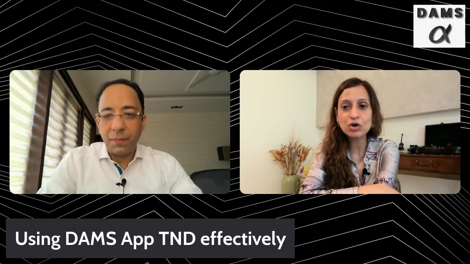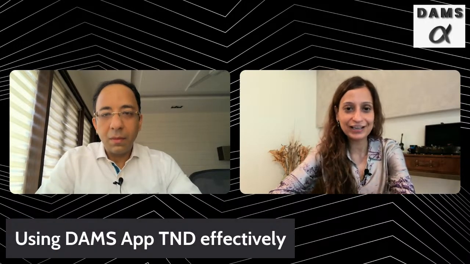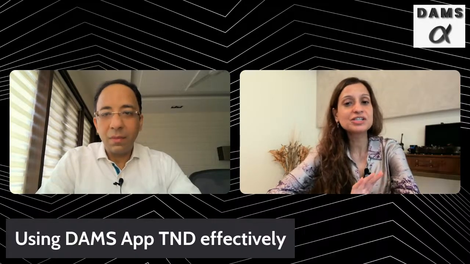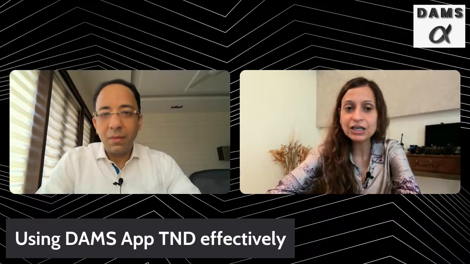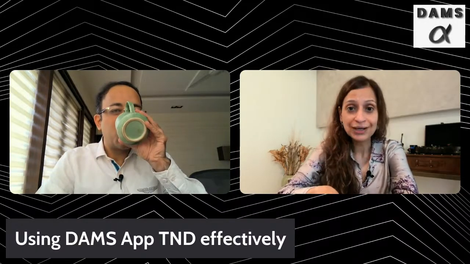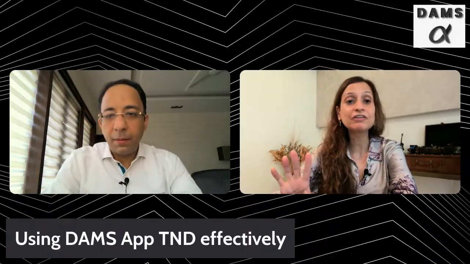Acha, there is a constant query and there is a reason why I was not addressing it, but I will. Somebody is saying, ma'am, please give a 3-month plan for November INI. Now listen to me. The TND cycle is a 6-month cycle. Okay? So if we give you a 3-month plan, then the onus will be on you that some subjects you will cover from the live and some you will cover from the recorded.